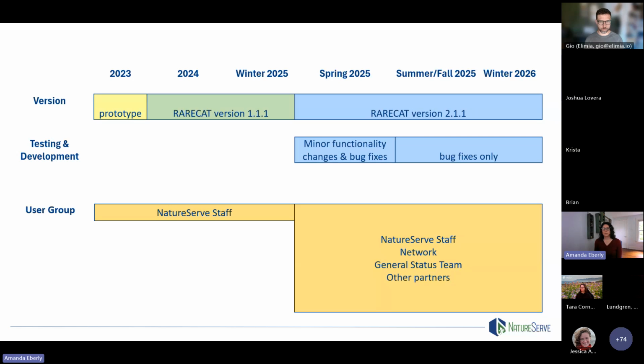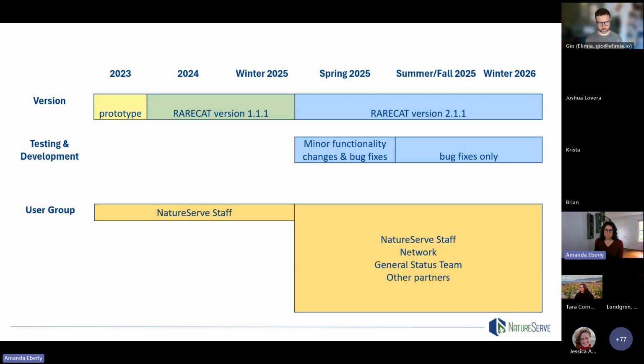And that was version 1.1.1, our foundational single species mode. And up until that point, NatureServe staff were the only users of the tool. In 2025, we added additional functionality, including the ability to process multiple species, and a particular interest, releasing it to the network and adding a much larger user base.